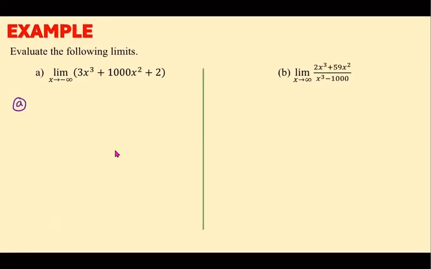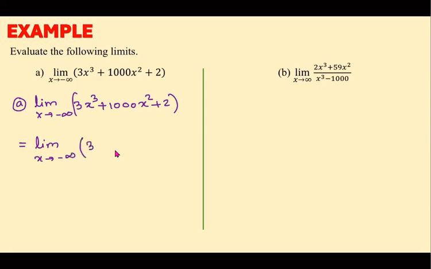So what I mean by that is the limit as x approaches negative infinity of 3x cubed plus 1000x squared plus 2 is the same as the limit as x approaches negative infinity of 3x cubed, because the end behavior of a polynomial function is just determined by the leading term. That's why we can just write that.